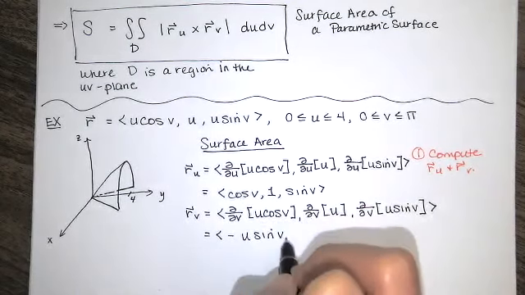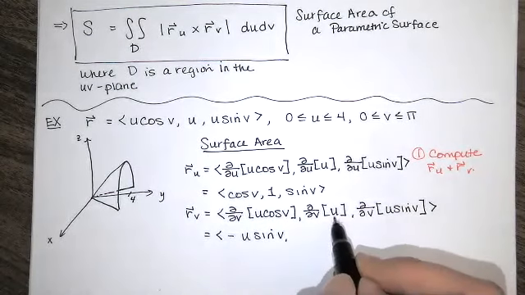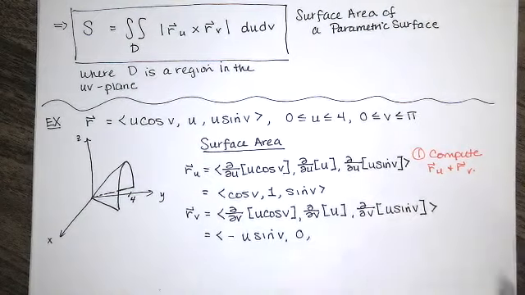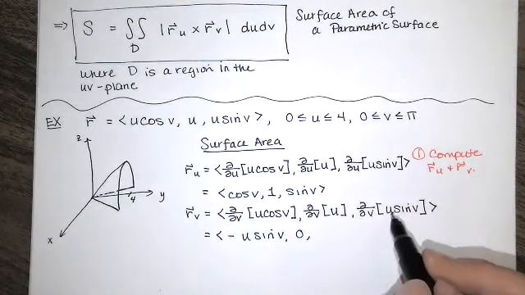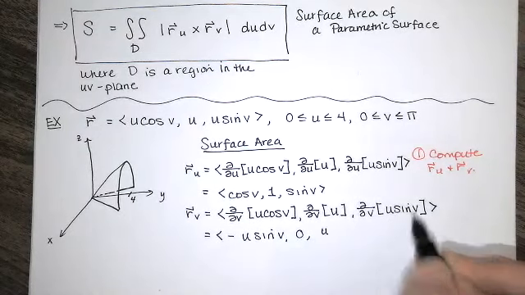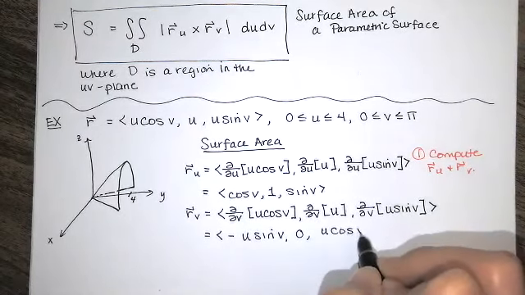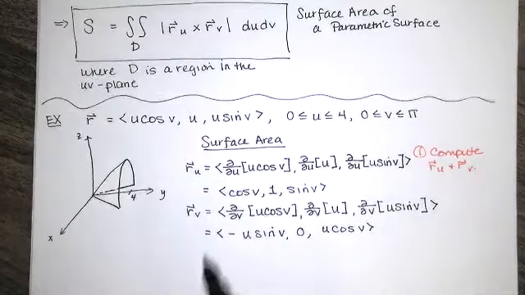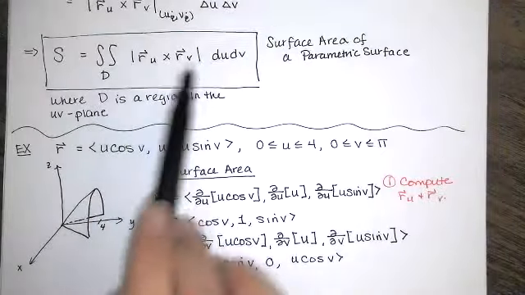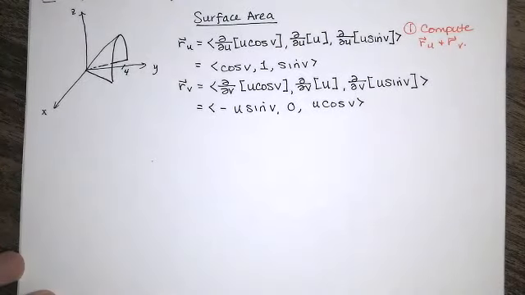And the u is a constant, so we bring that down. The derivative of u with respect to v, well, u is being treated as a constant, that's 0. And the derivative of a constant times sine of v with respect to v is the constant times the derivative of sine of v, which is cosine of v. So I've got those two. And what do we need? We need to compute the cross product and find its magnitude.